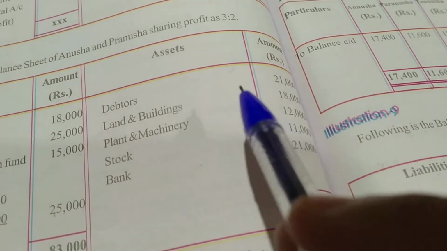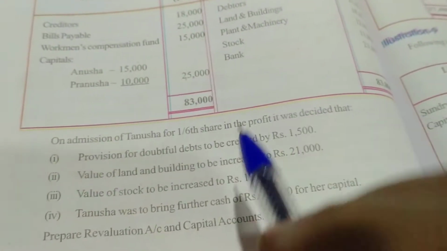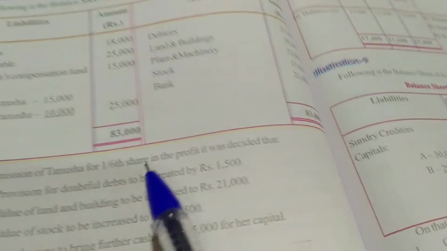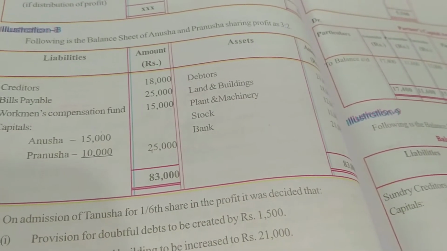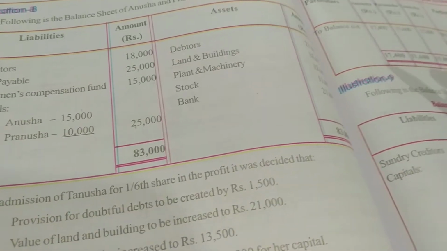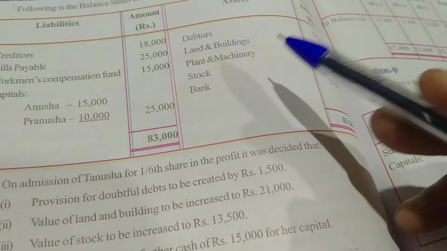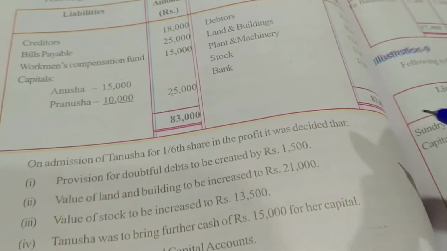These all will go into the new balance sheet. Now in the adjustments, like you know how in revaluation account the increase in asset and decrease in asset are posted, from these adjustments and the amounts given in the question, you'll compare. I'll explain, it will be more clear.